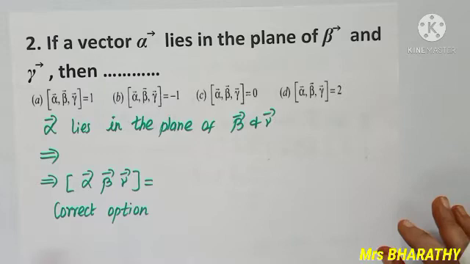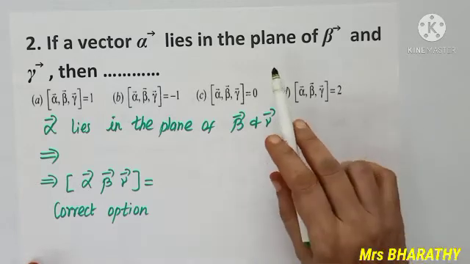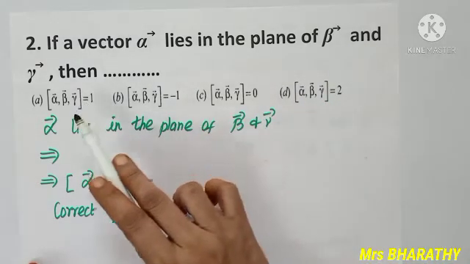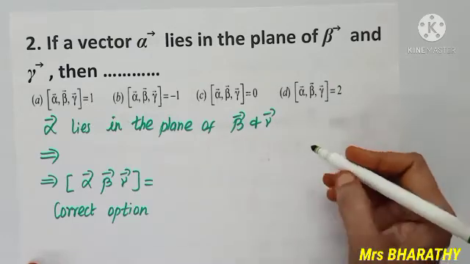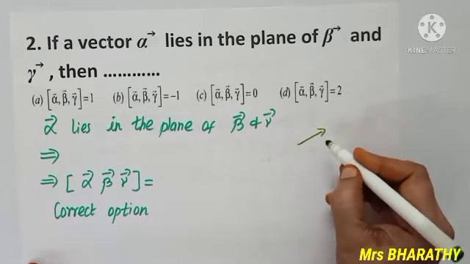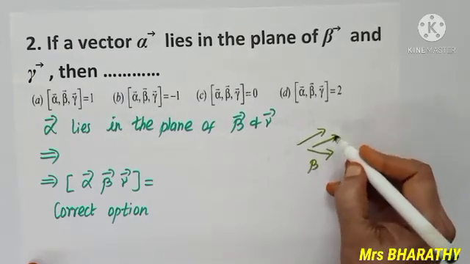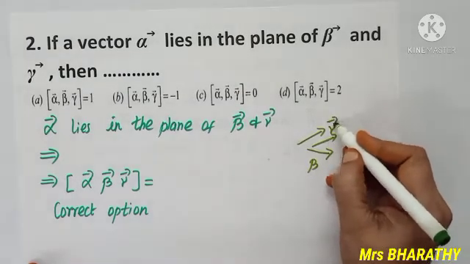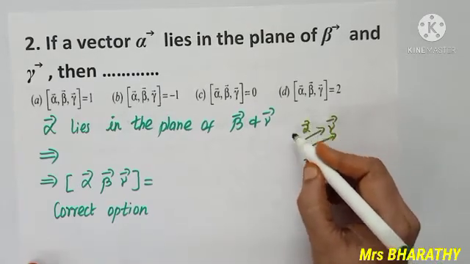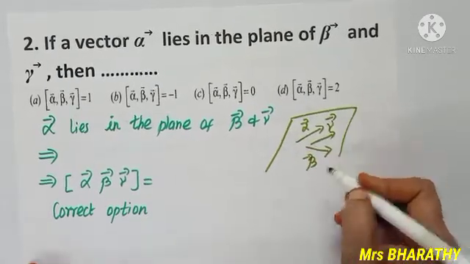Question number 2. If a vector alpha lies in the plane of beta and gamma. So vector alpha is in the plane of beta and gamma. So by looking, I will check all the three vectors are coplanar.